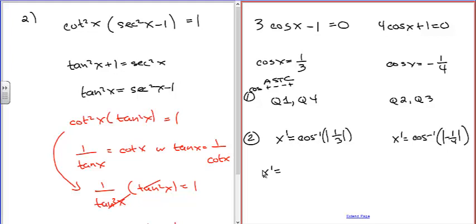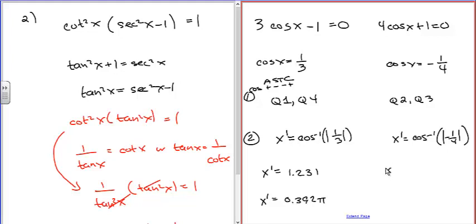So you take the inverse cosine of 1/3. That's 1.231. And then you divide that by pi, and we get 0.392 pi.